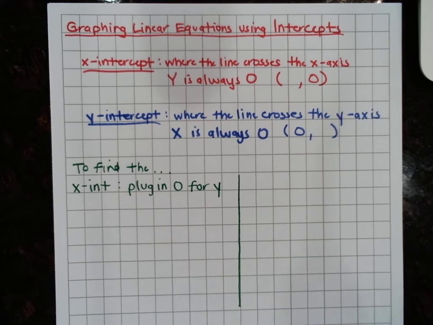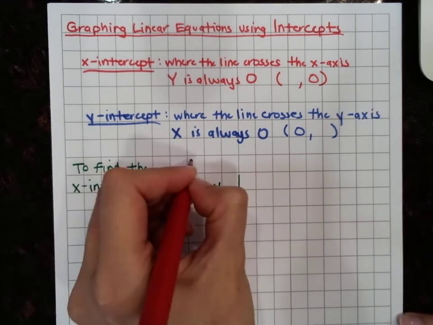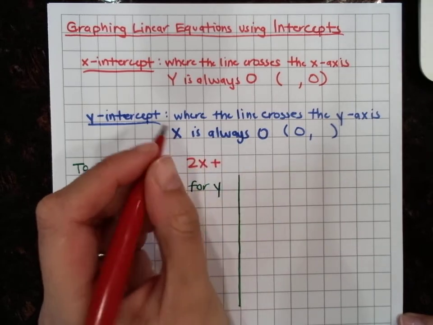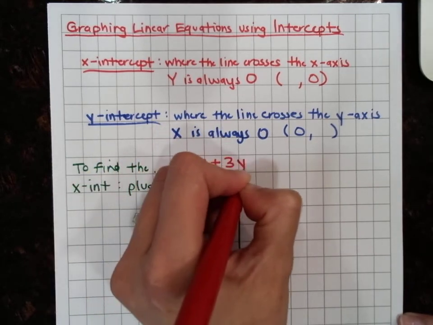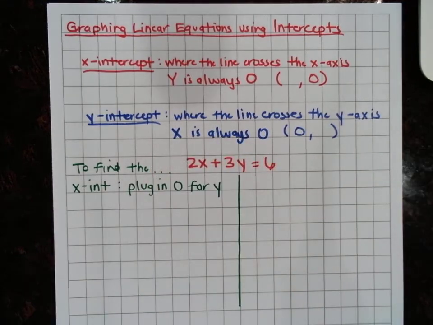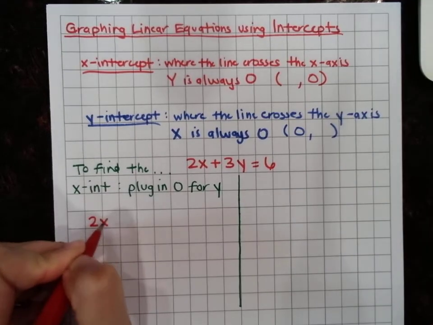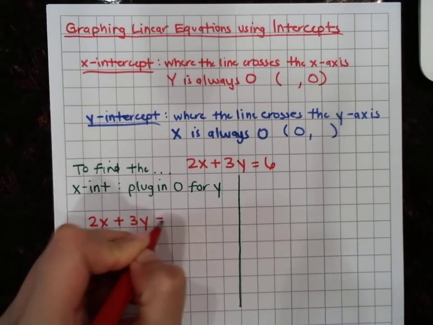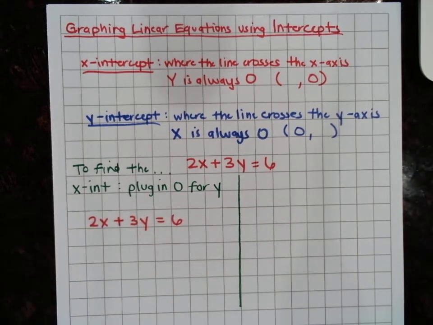So let's use the equation 2x plus 3y equals 6. So we have 2x plus 3y equals 6.